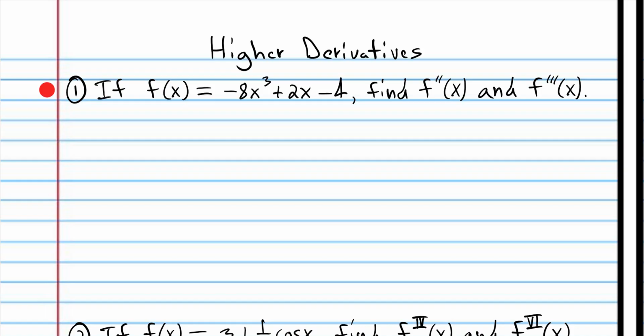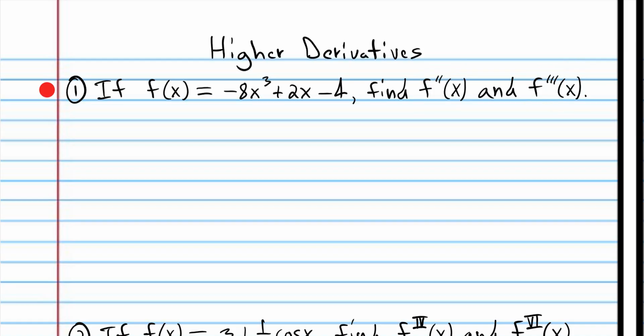The reason is because there's actually a second derivative test. And not only is there a second derivative, but there's also f triple prime and f quadruple prime, and these are what we know as higher derivatives. So in this problem, we're going to find f double prime and f triple prime, the second and the third derivative.